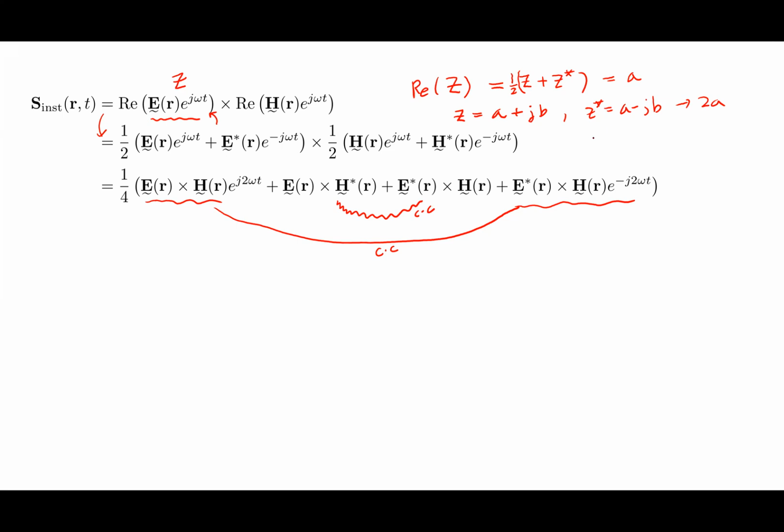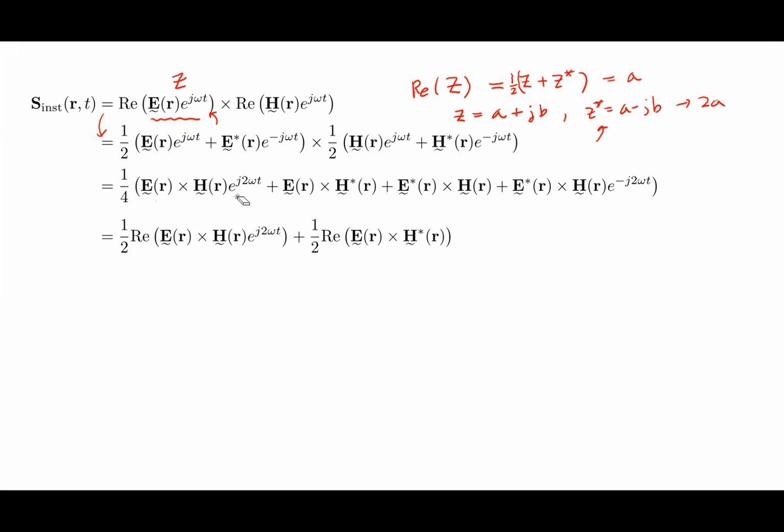So this time we can use this identity the reverse way to represent it like this. The real value of this first term implicitly accounts for this fourth term, and the real value of the second term accounts for the third.